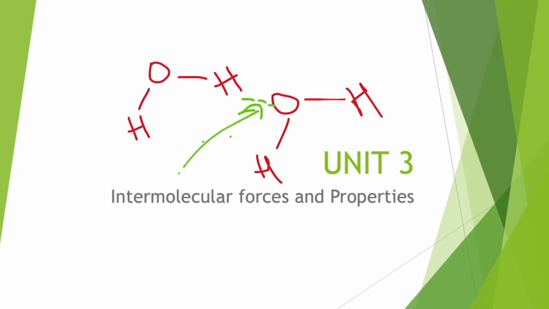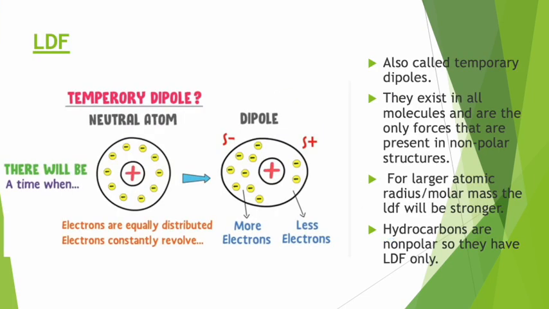Most of the time they would be equally distributed around the nucleus, but it also happens that for a moment in time, they gather on one side of the atom. So there will be a moment in which there are fewer or no electrons on one side and more on the other side. And that gathering causes a temporary dipole.